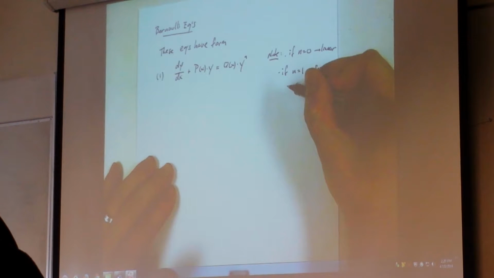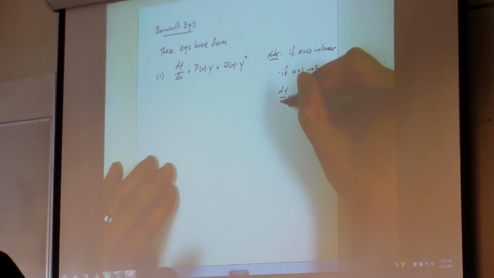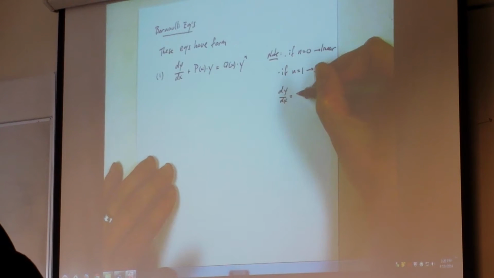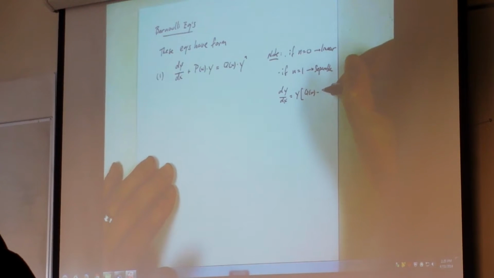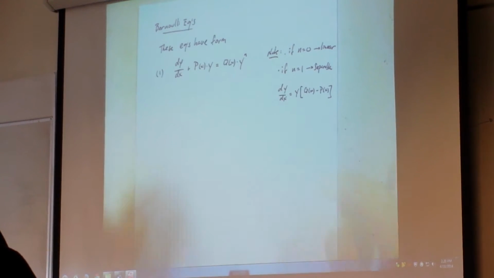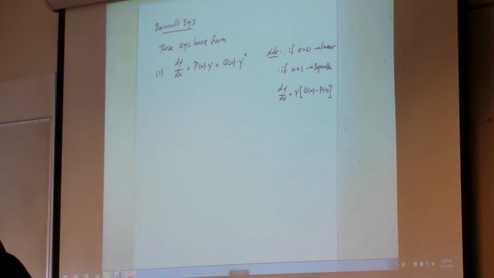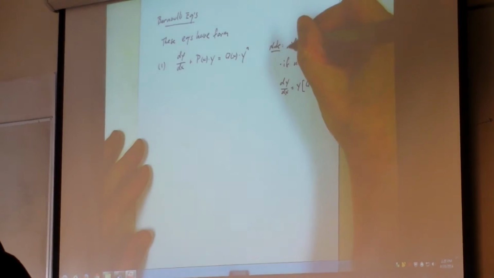Just to show what that would look like, if n equals 1, then we'd have dy/dx equals, I can factor out a y on both sides, and it would be q of x minus p of x. And that's just one big giant expression involving x. That would be separable. Okay? So we're going to consider when n is not 0 or 1, because we have other methods of solving it.